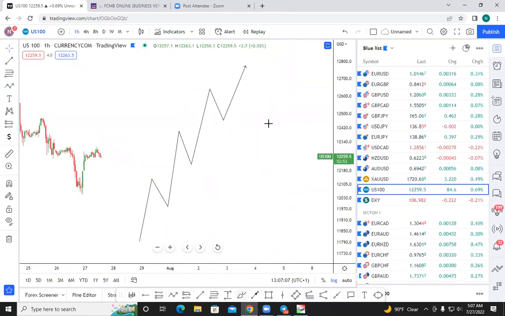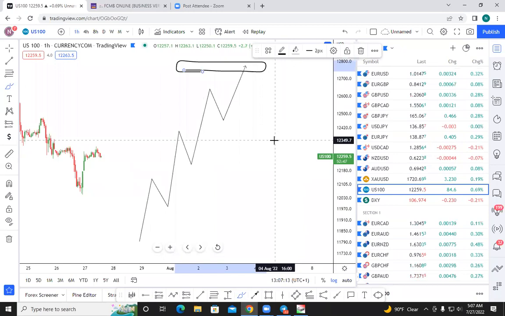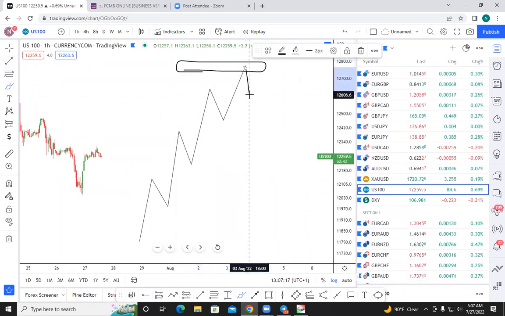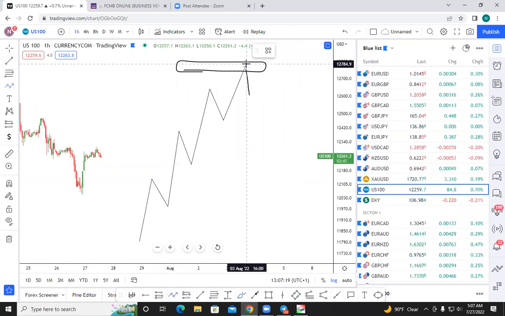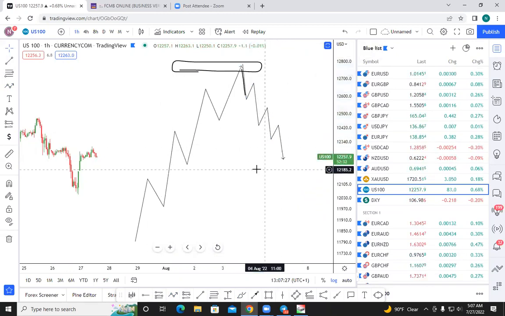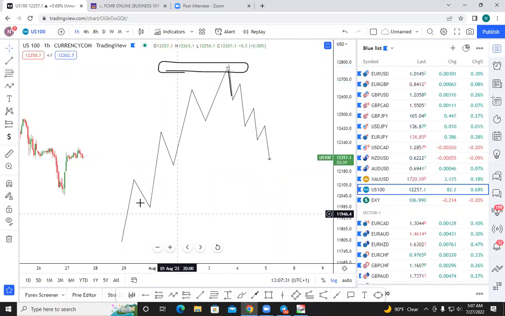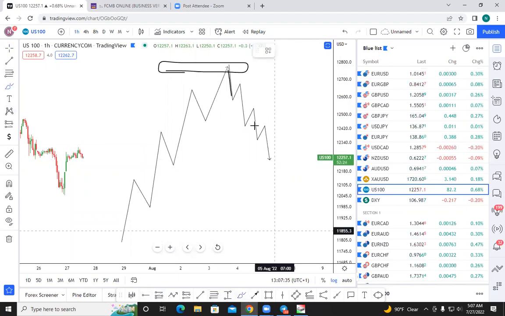If from here you are expecting this market to push down, and in an attempt to push down it goes down like this: correction, push down, correction, push down, correction, push down. Can you see? You can say that this is a push down because if this is an external structure, you have had an external structure broken.